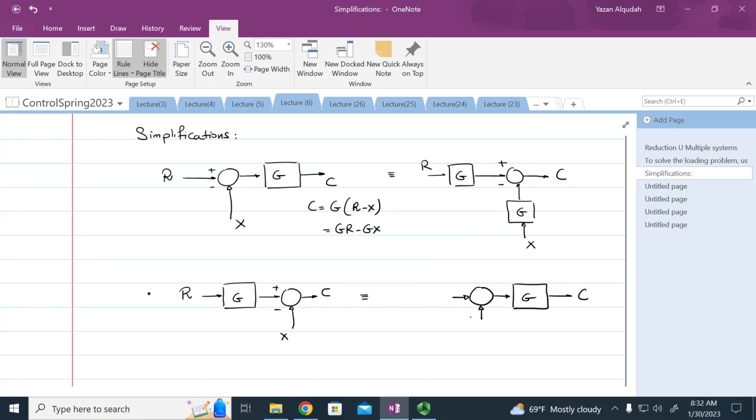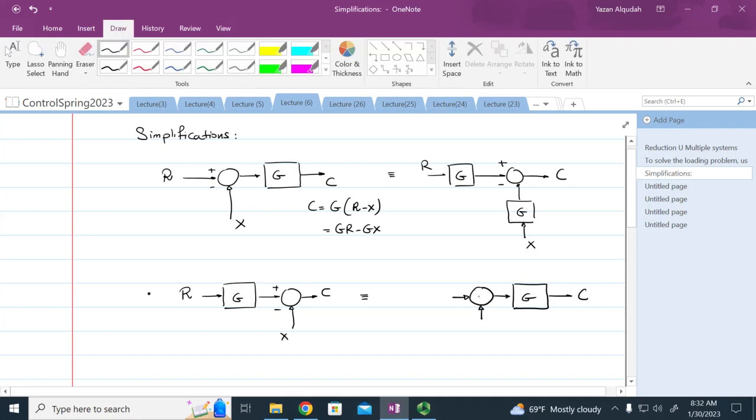Let's take the top one. What should go in the top one? R. Any objection to R? R. Thanks, buddy. What should go here? X divided by G. Excellent. Everybody agrees? X divided by G.